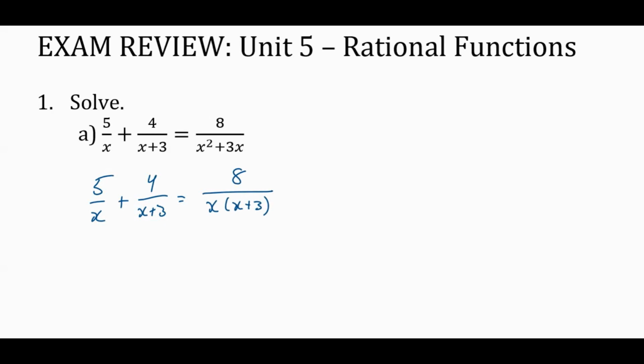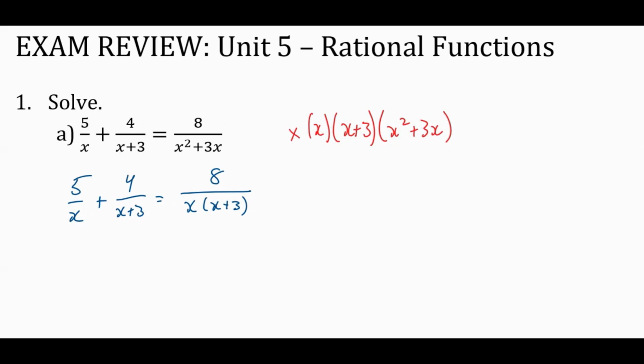Because I noticed something. Now off to the side, we need to multiply by something to clear all of the denominators. So you might multiply by every denominator. But that would be overkill.